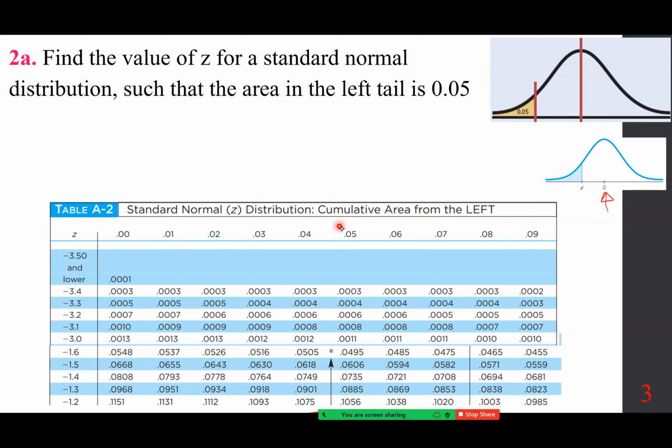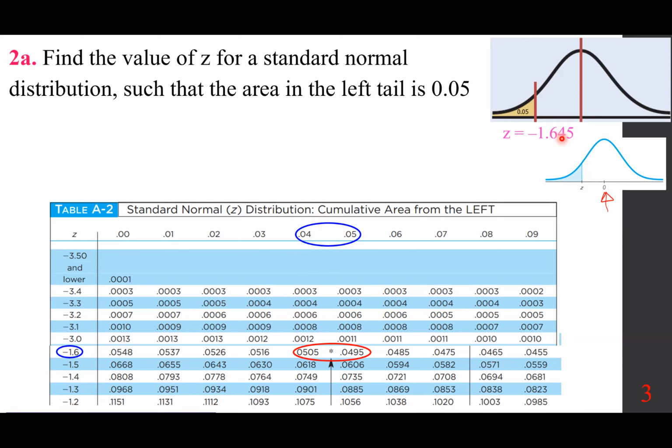So we will locate 0.05. It does not exist but it's between these two numbers, as you can see. On the left column, we read negative 1.6. At the top row, we read these two numbers, 0.04 and 0.05. Therefore, the number is negative 1.6, and between these two, we would put 4.5. The z-score is negative 1.645. This would be using the table.